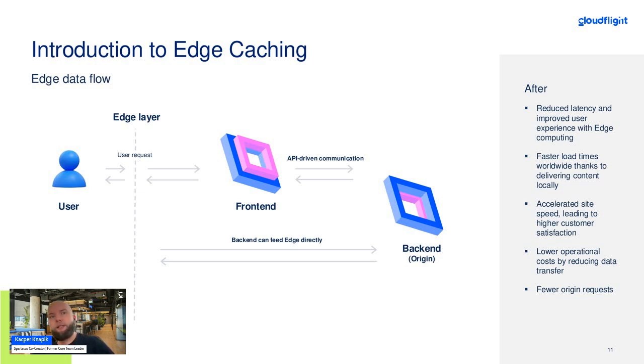And now, since we talk to the edge and some of the data is on the edge, we get this data from the edge and we don't talk to origin directly.